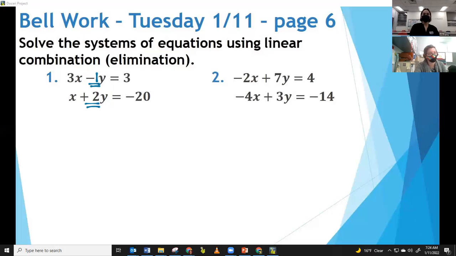So what I can do to force them to cancel out is I could multiply everything in this top equation by 2. If I multiply everything in the top equation by 2, what would I get when I distribute 2 to every single piece? Tell me in the chat. What am I going to have if I distributed 2 to every single piece there?